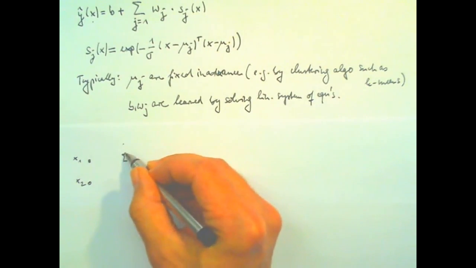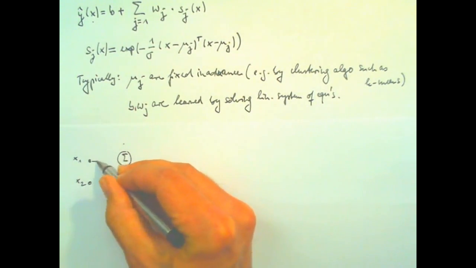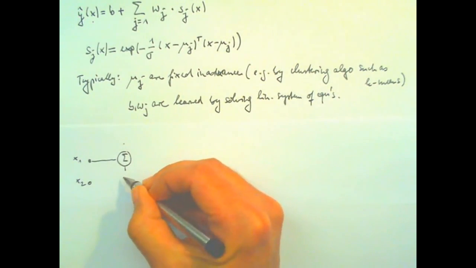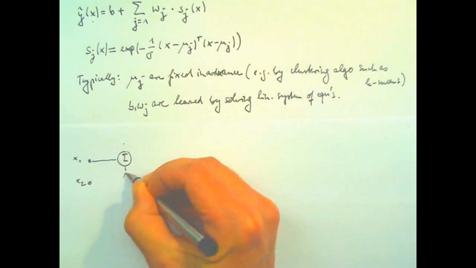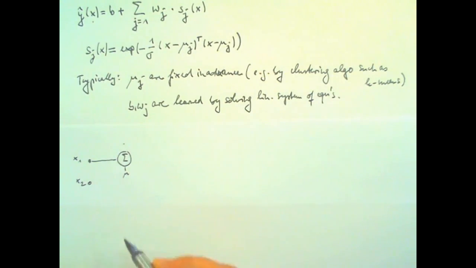that takes the first coordinate and subtracts the first element of the mean vector.